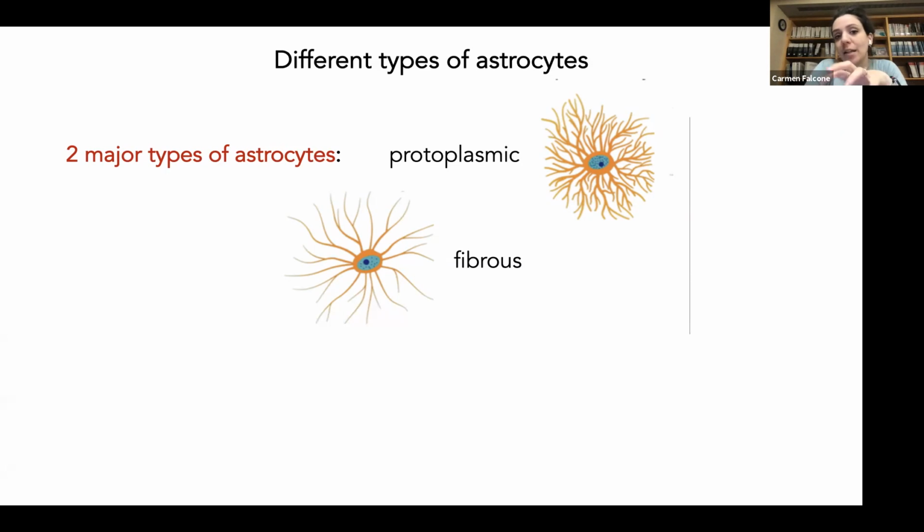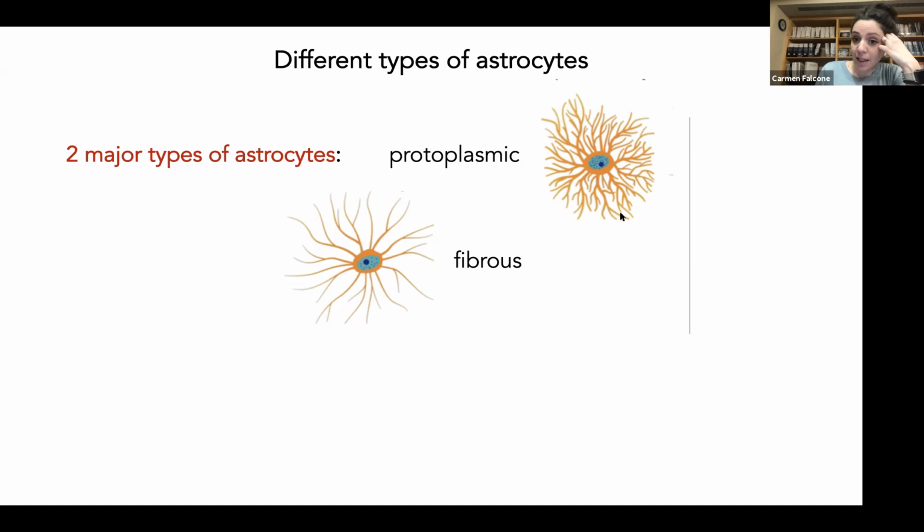Classically and historically, 2 major types of astrocytes are recognized, the protoplasmic and the fibrous astrocytes. These were the first ones that were really studied, and even now this is a pretty broad characterization that we still use in the field.